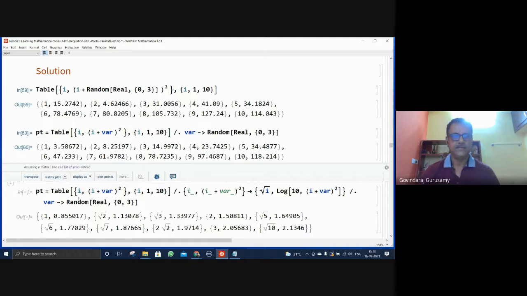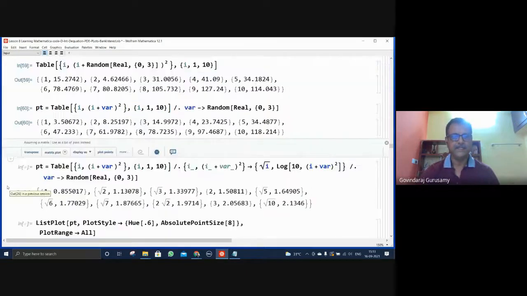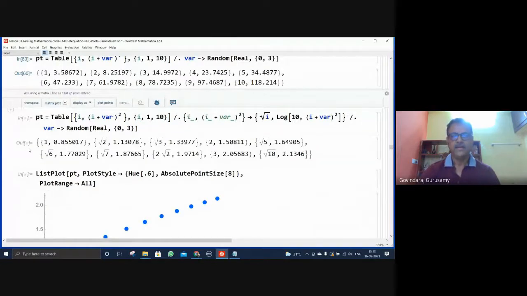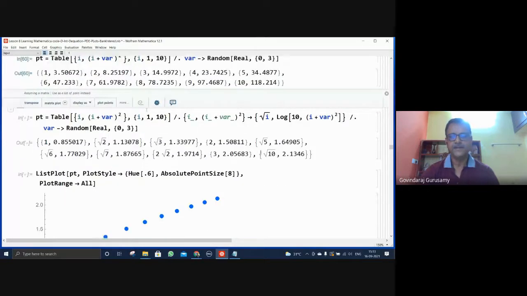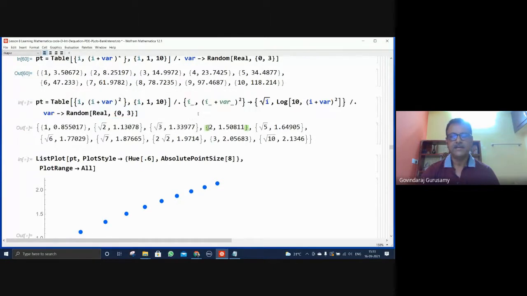But of course, the same results cannot be produced because random numbers are different every time. Then you are using a replacement rule as he is suggesting here. Replace this by square root of 5. You can see this replacement again given by an underscore here, underscore here, so that goes automatically into this place. This will all become variables automatically, into this, and the number will be evaluated.